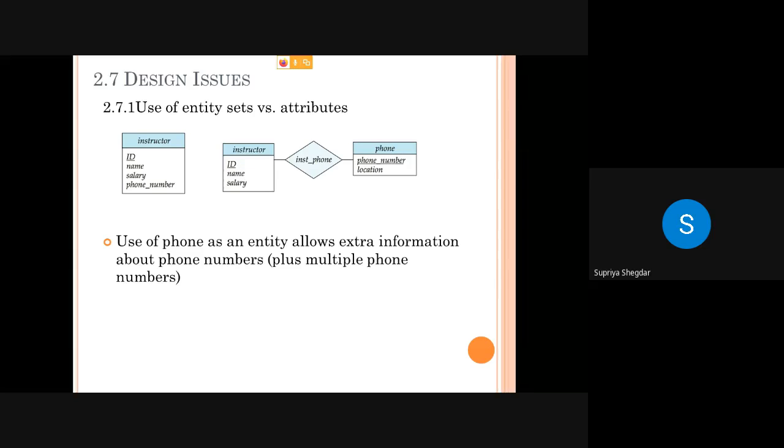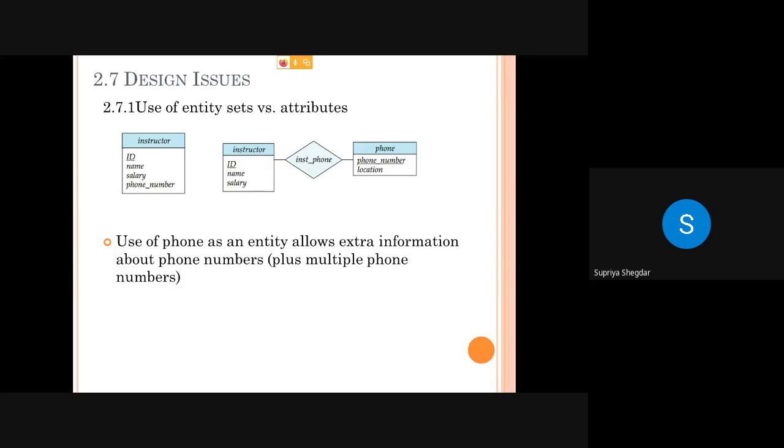Either we can use the entity set with an attribute, or we can make a new entity set. In the instructor entity set, ID, name, salary and phone number are the attributes. We can keep phone number as one attribute of the instructor entity set.